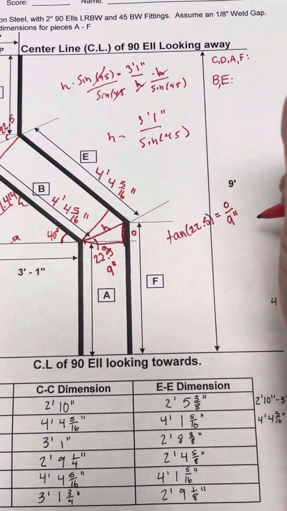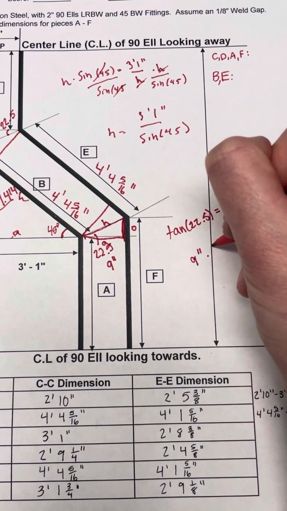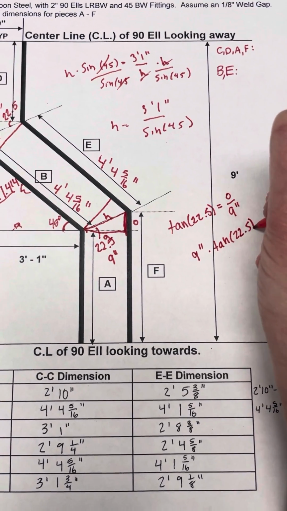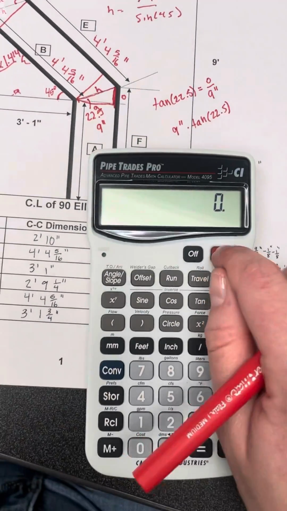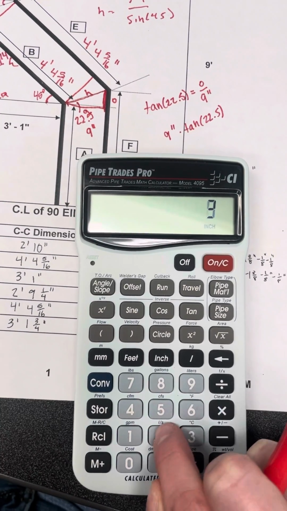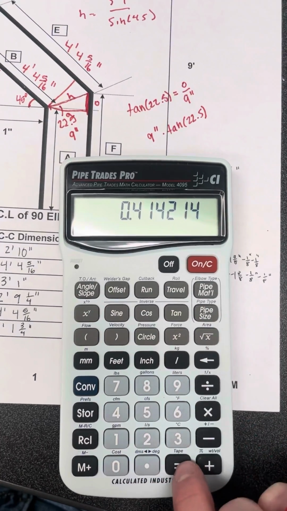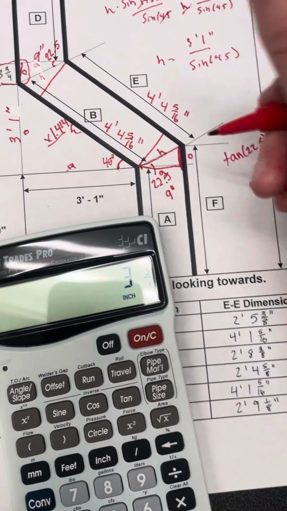And then we would multiply both sides by 9 inches. So 9 inches times the tangent of 22.5. All right, and we get 3 3/4 is this vertical change.